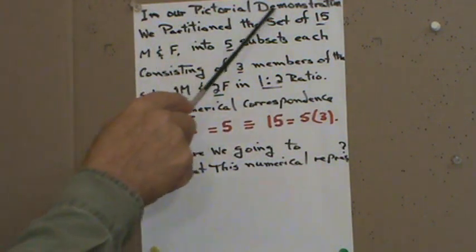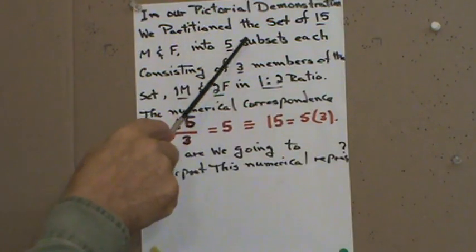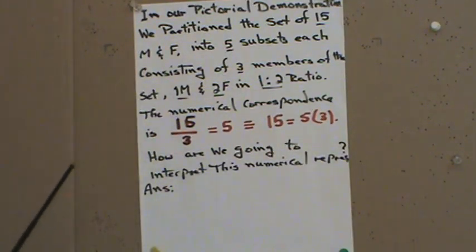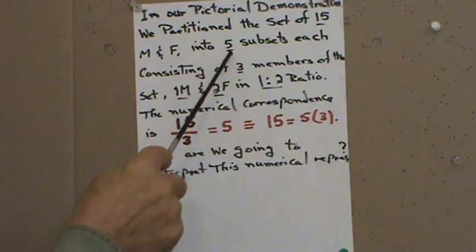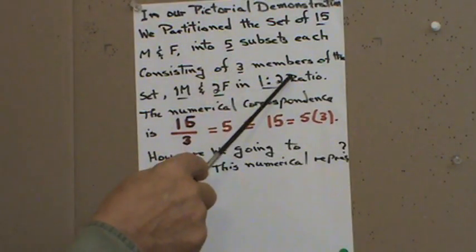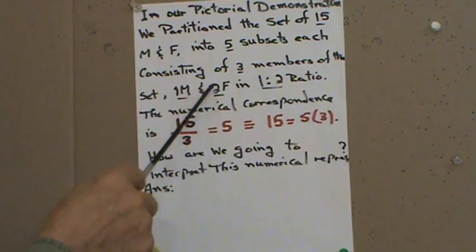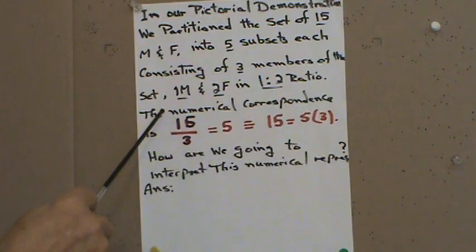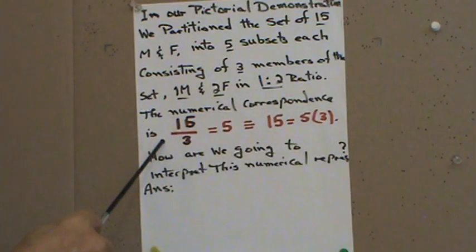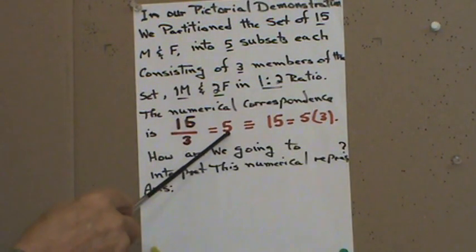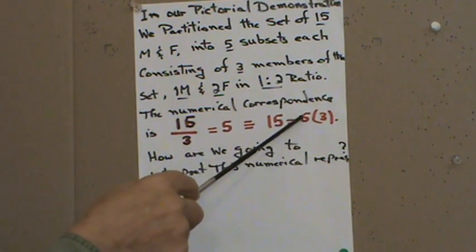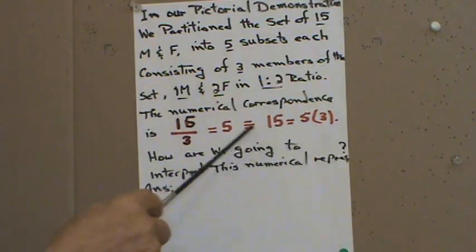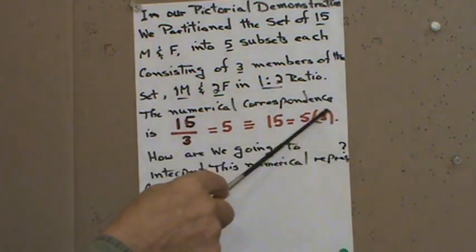Now, in our pictorial demonstration, we partitioned the set of 15 male and female into 5 subsets. We just passed that. Each consists of 3 members of the set, 1 male and 2 female. They were in the ratio of 1 to 2. Is that right? Now, the numerical correspondence looks like 15 divided by 3 equals 5, because we had 5 subsets. And that is the same as 15 equals 5 times 3. Is that right? This is how we represent it numerically.